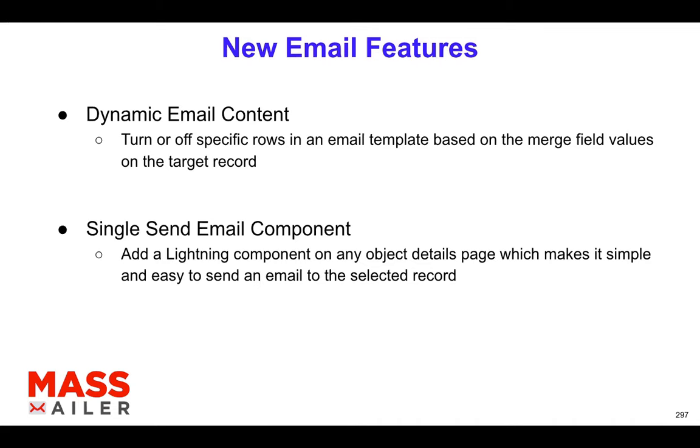What it means is the email content received by the end recipient would look different based on certain properties on that particular record. For example, you're a university and you're sending out email to students that have opted for, say, physics versus computer science.